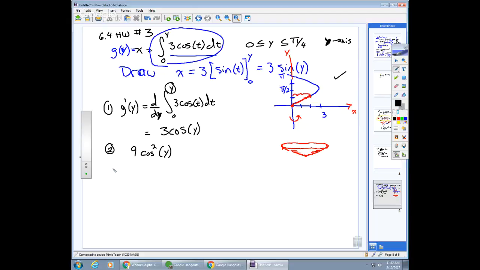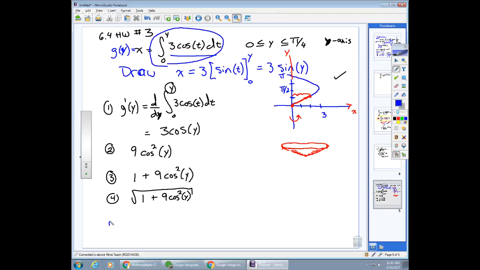Next step, add 1. And then take the square root. And then the last step is to put it all together into your integral.